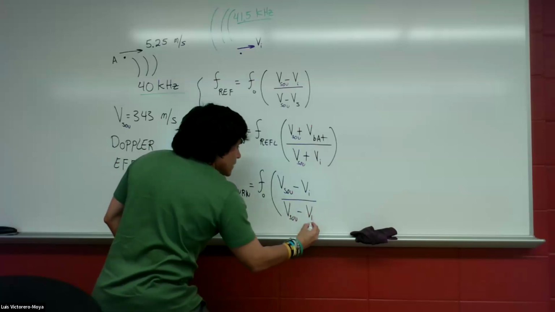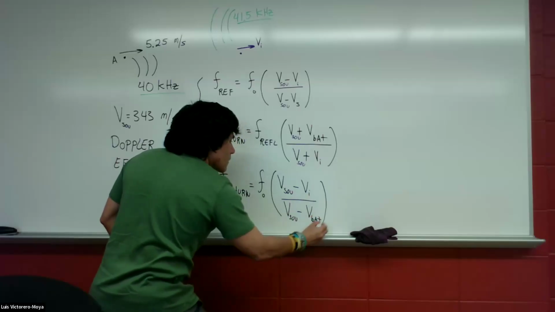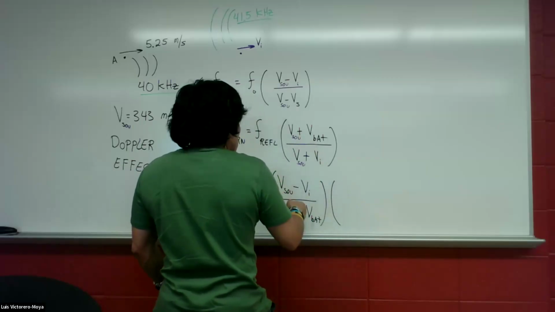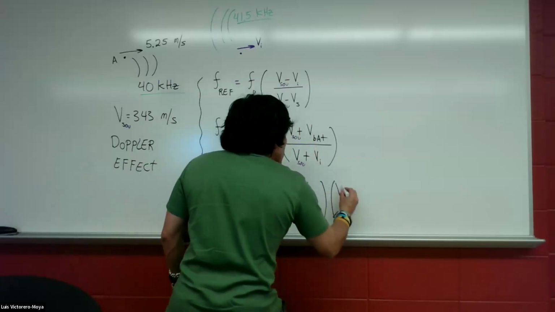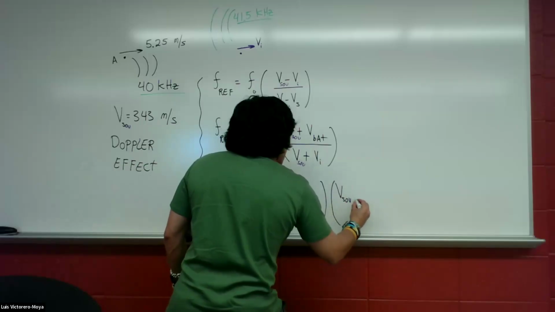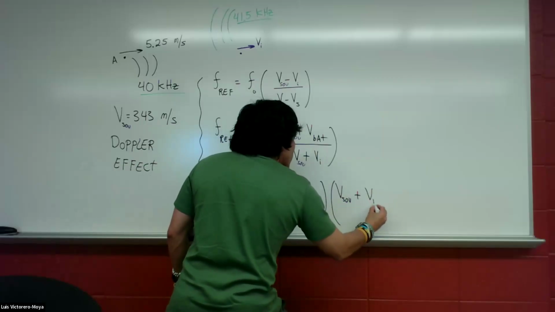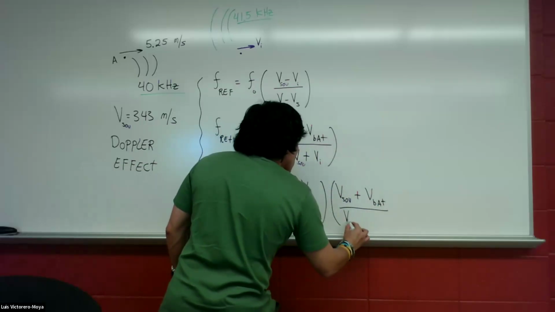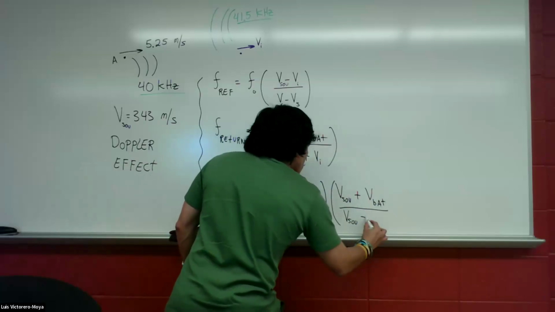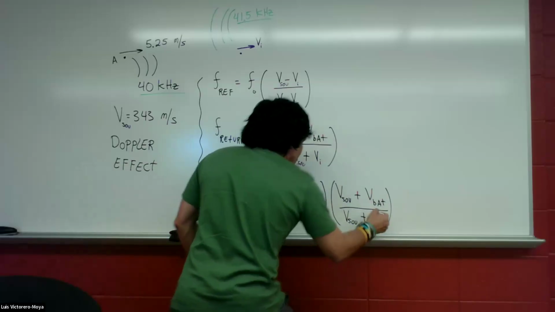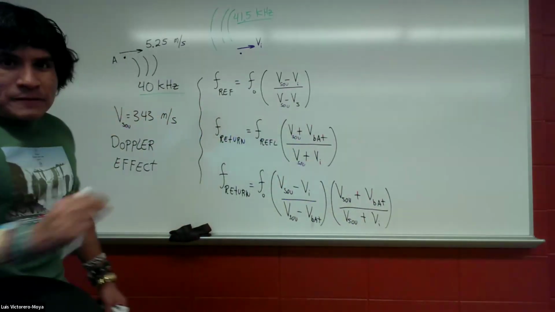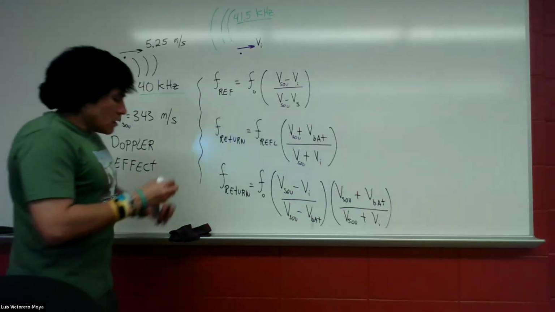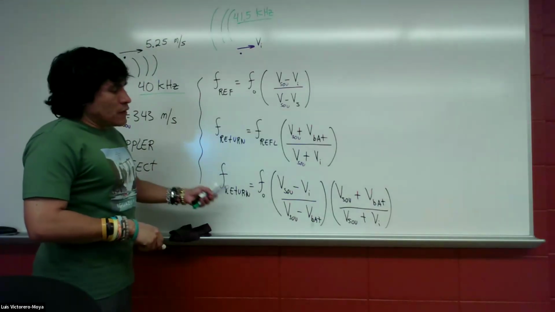Let's call this the bat. And then you have to multiply by sound plus bat over sound plus insect. So nothing's going to cancel. And that's good, because that shows that you are doing it right. Okay? So that's what you have to do.